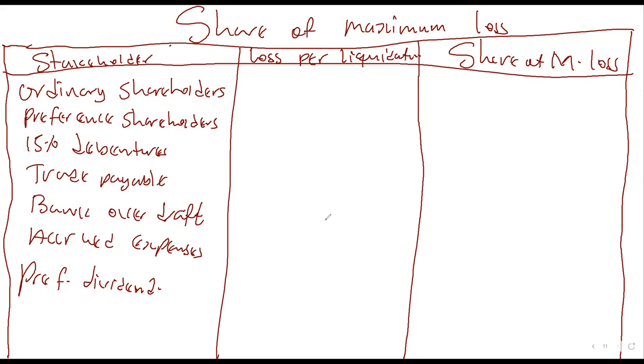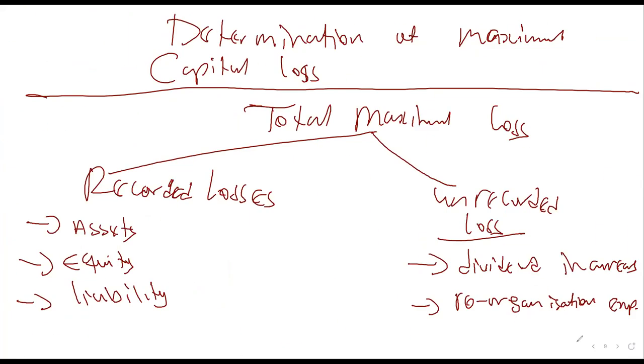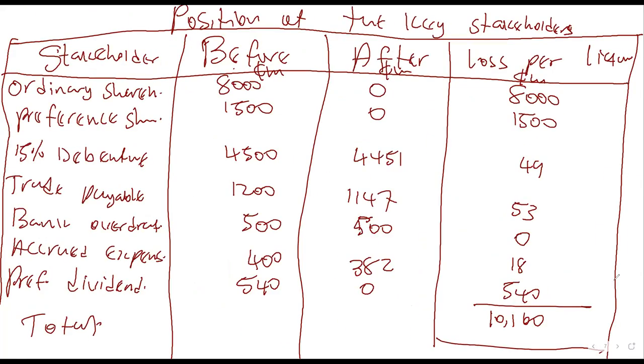The preferred dividend will be... ordinary share, lost by liquidation. They lost 8,000, all the money. They lost 1,500. The venture lost 49 or so. I provided some tables. 8,049. Trade payable 53. I'm recalling these figures.